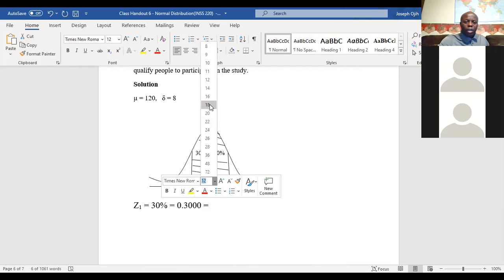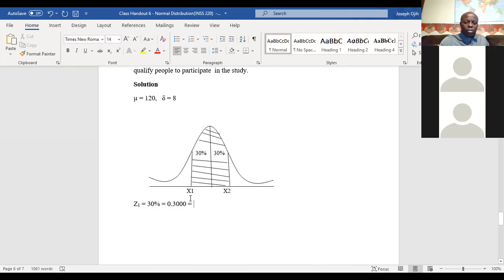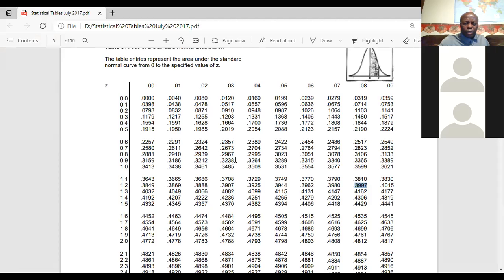If you don't see it, I will use the one that is closest to it. So 0.3000. You go to the table of normal distribution. 0.3 will be around here. There are two numbers that are close. This one is close, and this one is closer. So let me write the two numbers down.